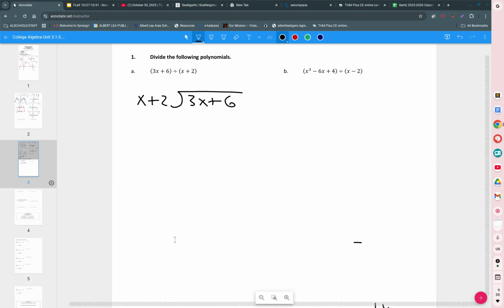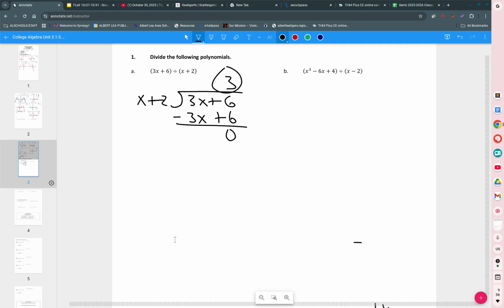What do you multiply x by to get 3x? 3. 3 is a constant, so it goes above the other constant. I then multiply the 3 back through. 3 times x is 3x, and 3 times 2 is 6, I subtract and I get 0. So that means it goes in 3 times with no remainder.